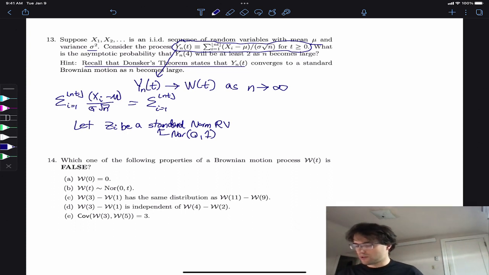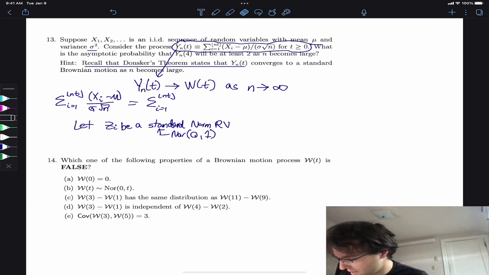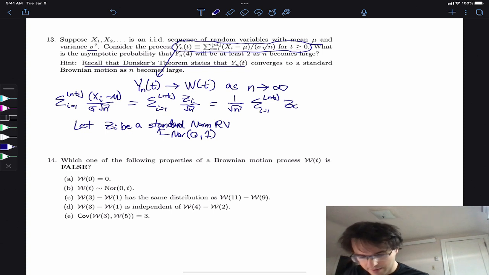We still have to divide by the square root of n. Then we can move that square root of n out in front, and you have the sum from i equals 1 to nt of Zi.